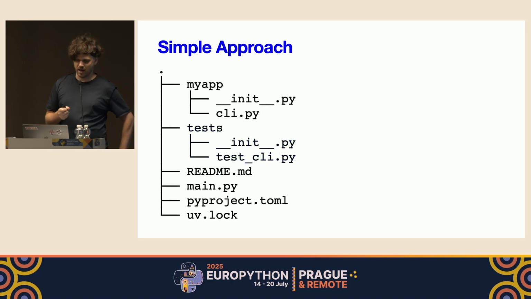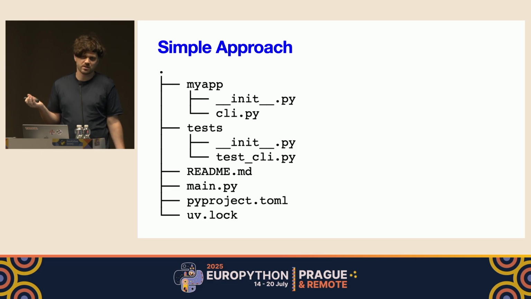The key points are, there is no source directory because imports would no longer work out of the box. We have __init__.py in the application module and in the tests module. And to run the application, we have an entry point at the top level, a script executable, essentially.